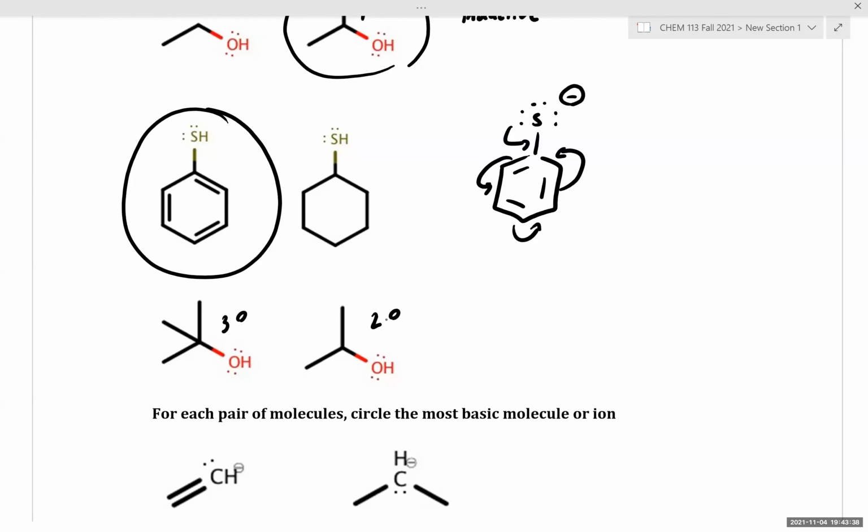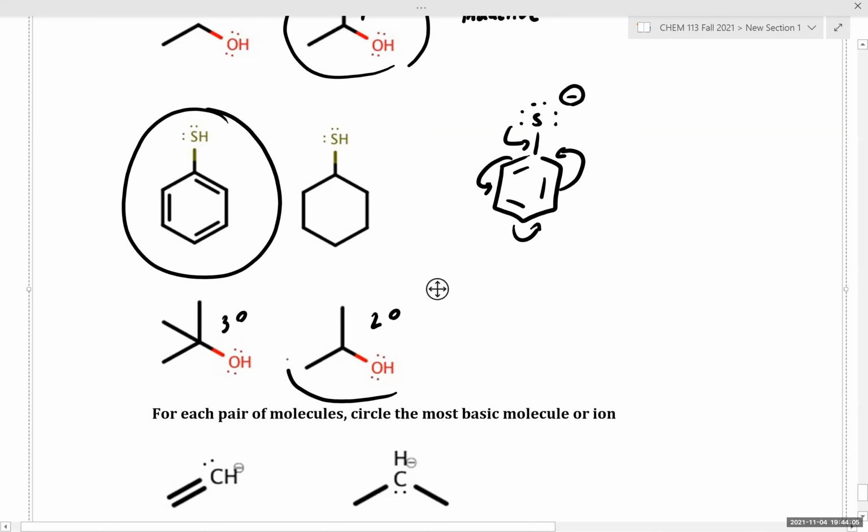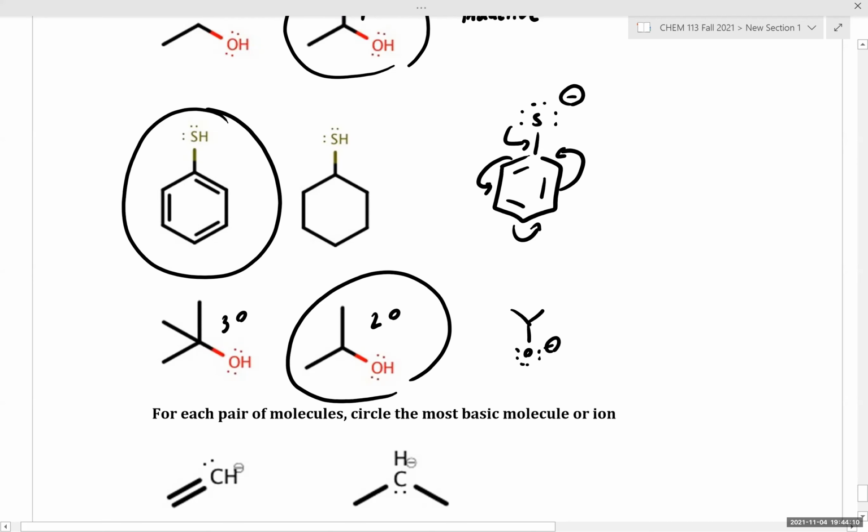Substitution effects. We know substitution impacts the ability of solvent to coordinate. More substituted alcohols and more substituted anions are less able to interact with solvent and are less stabilized by the solvent. Based on that argument, would a tertiary or a secondary alcohol be more acidic? The secondary alcohol would be more acidic because when you generate the anion from the secondary alcohol, you're able to better coordinate it with solvent.